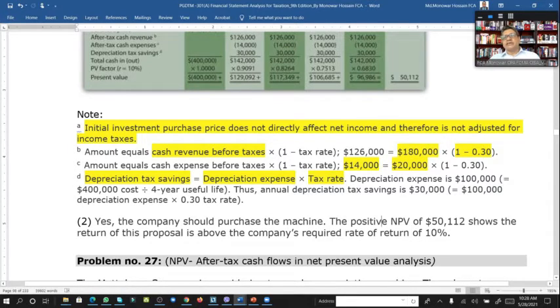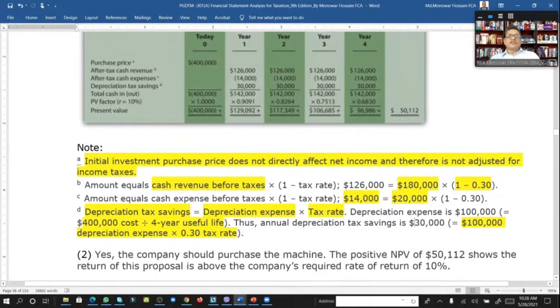Depreciation here is 1 lakh, because the total cost of the machine is 4 lakh. If we divide by the life of 4 years, we get 1 lakh of depreciation per year. Multiplying this 1 lakh by the 30% tax rate gives 30,000. So here we put the positive 30,000.